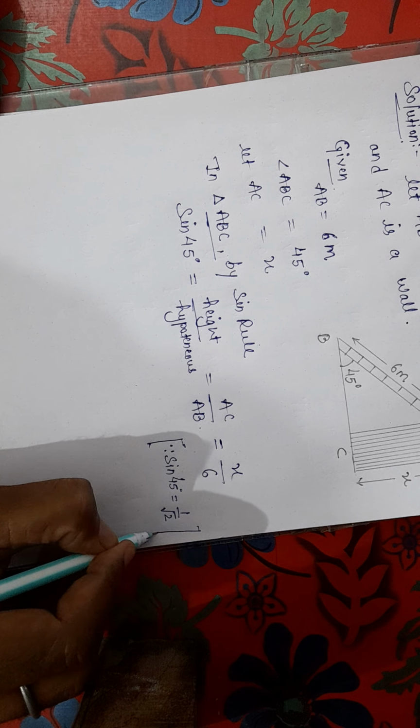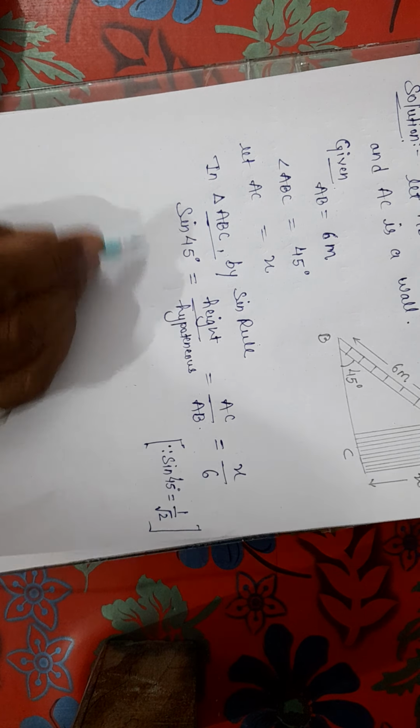So we put sine 45 equals 1 upon root 2 here, and X upon 6 the same here. So from here, calculating X, the value becomes how much? 3 root 2 meter. Got it?